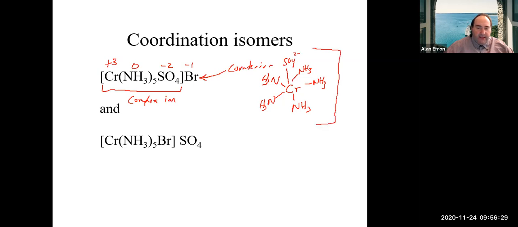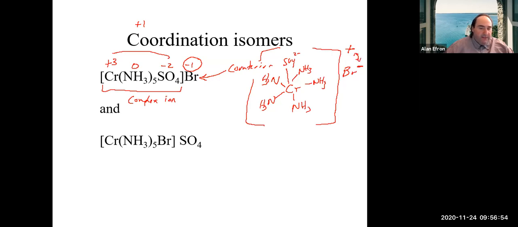And on the outside, this complex ion has an overall charge of +1. Again, we get that from adding these together: +3 and -2 gives us a +1. That's why we have only one bromide here acting as a counter ion, as Br-.